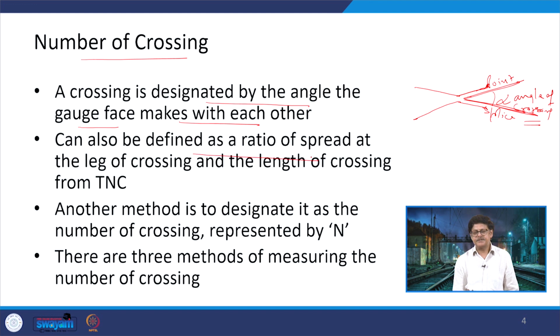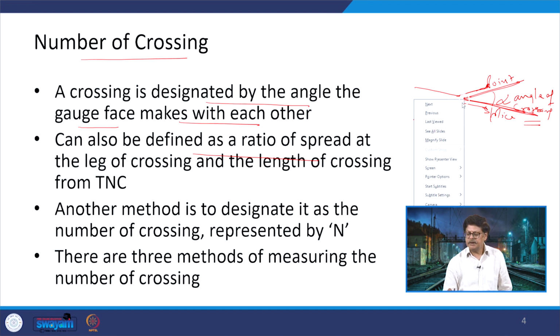It can be defined as the ratio of the spread at the leg of the crossing and the length of the crossing from the TNC. Now what is TNC? TNC and ANC are two terminologies which we have discussed. If this is a blunt edge, then this is ANC, but if it is taken to a point, then that is TNC.